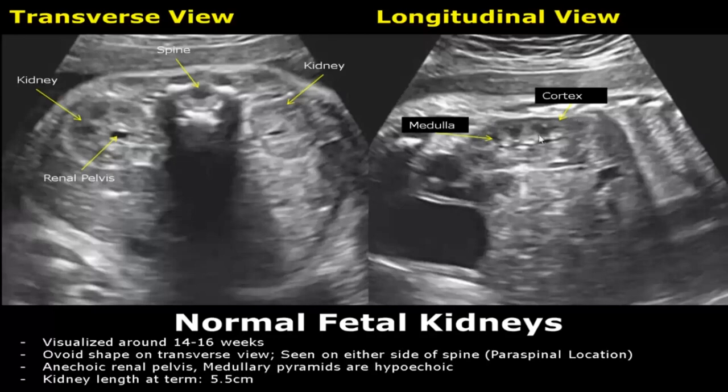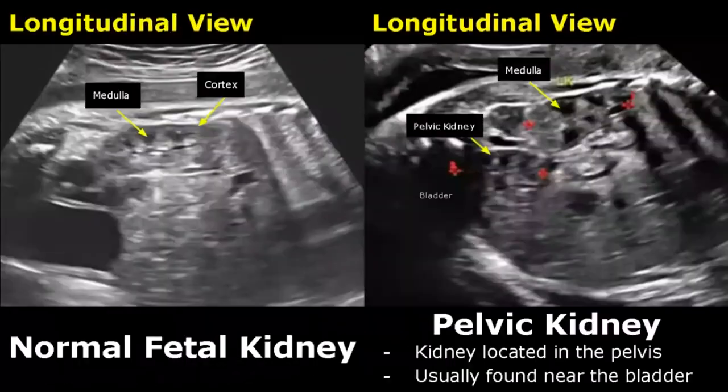Fetal kidneys can measure up to 5.5 centimeters at term. In a pelvic kidney, the kidney will be found in the pelvic region, usually around the bladder. Here you can see the kidney above the bladder, and it may also be fused with the lower pole of the normal kidney.